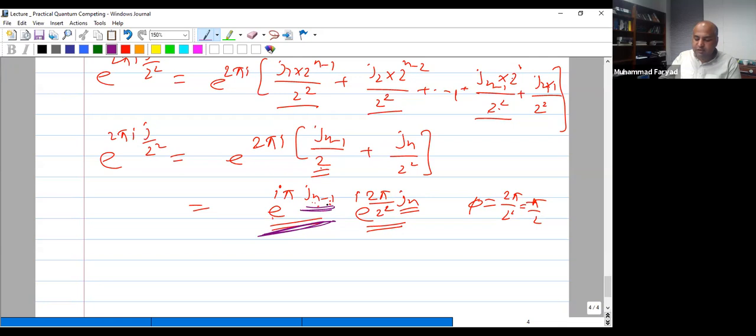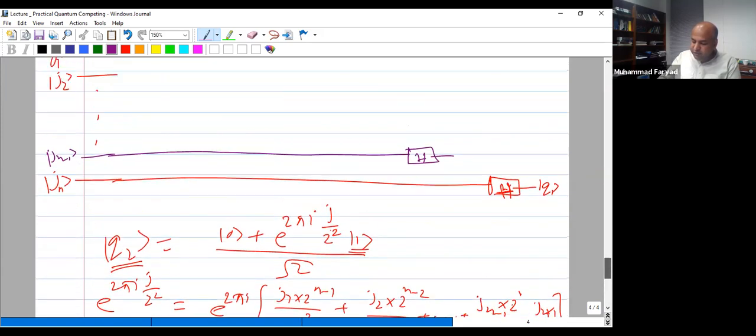When jn minus 1 is 0, this will give us 1, and when it is 1, this will give us minus 1. Now for the second term, I need something like exponential iota pi by 2 into jn, which means that we need a controlled phase gate which can add a phase pi by 2, controlled by this bit jn, and whatever is at the output is my Q2.